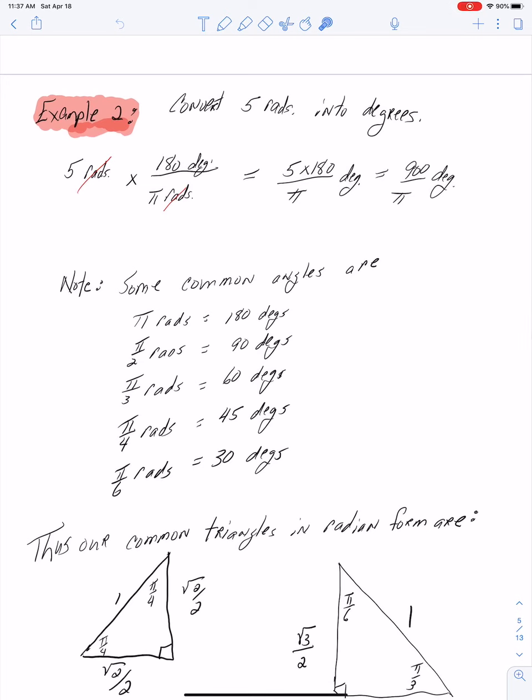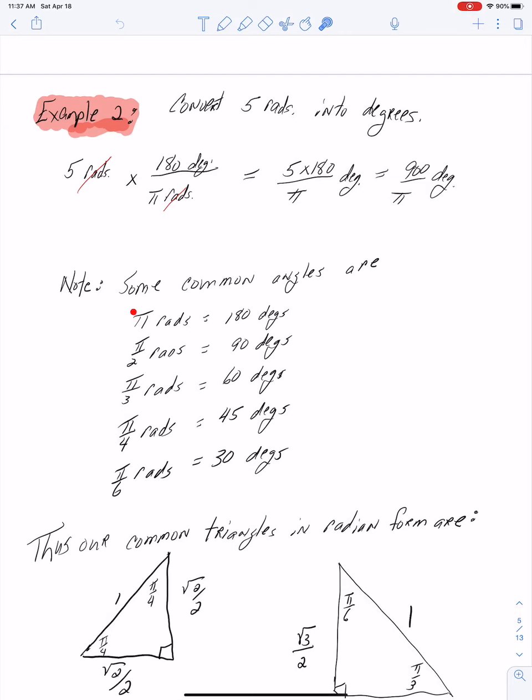Okay, so once you figure that out, here are the common angles that we talked about in Chapter 1. Pi radians, that's walking halfway around, that's 180 degrees. If I take that and divide by 2, pi over 2 radians then is half of 180, or 90. If I take the first one and divide by 3, pi over 3 radians is 60 degrees.